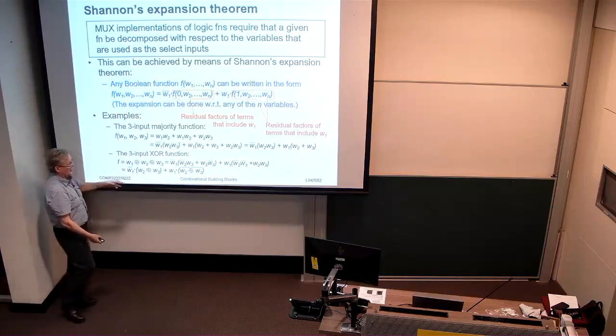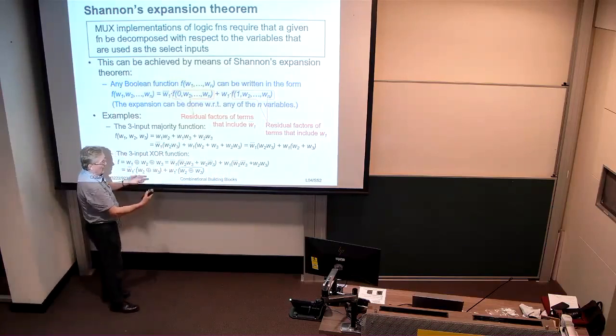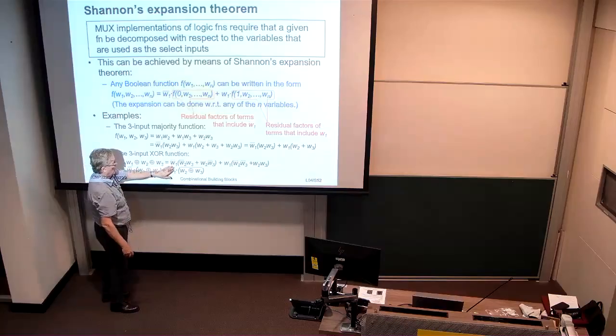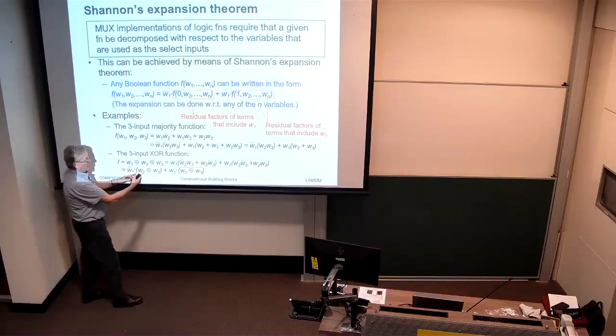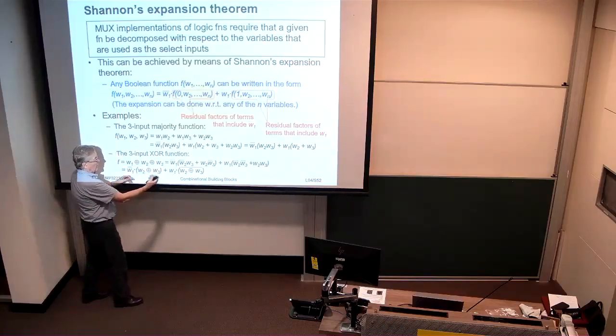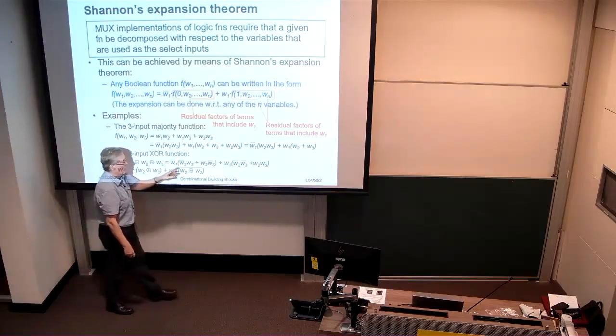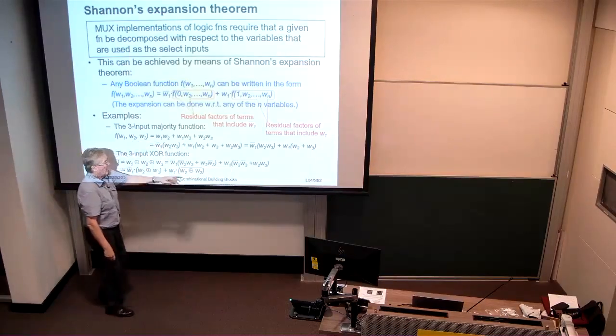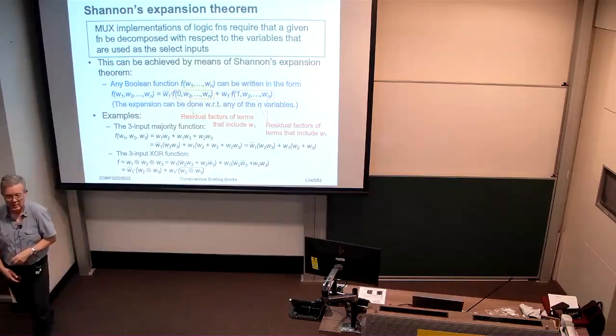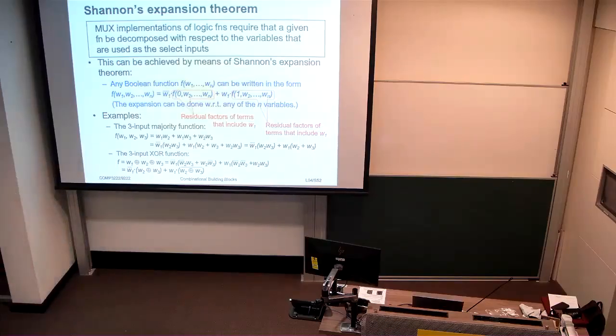And obviously we can see then that the residual for W1 bar is just W2 exclusive OR W3, and the residual of W1 is just the exclusive NOR of W2, W3.